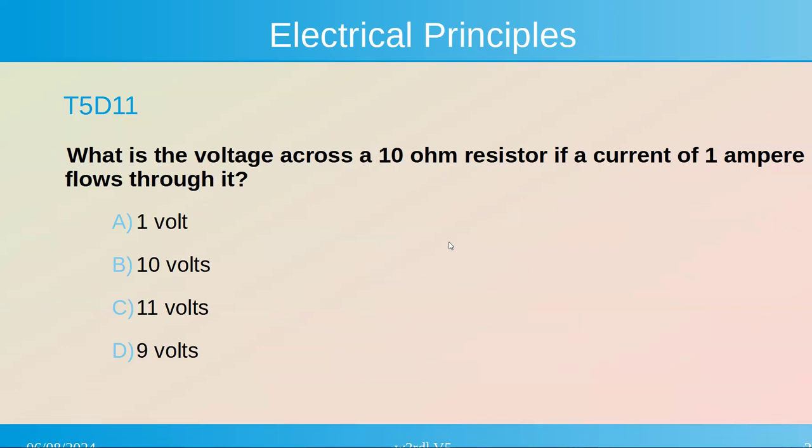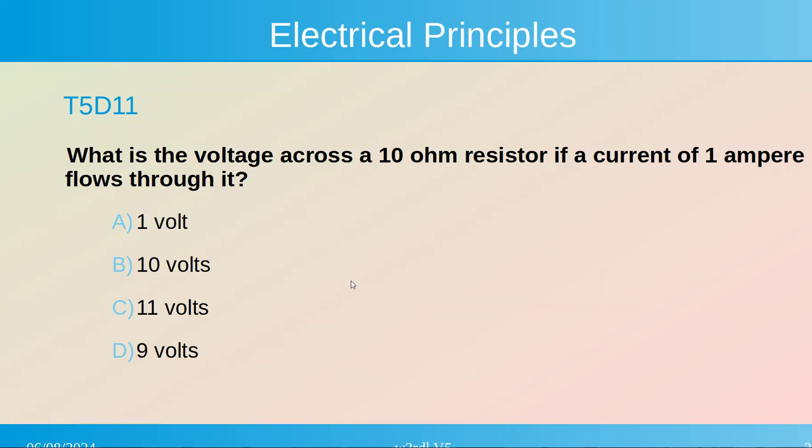Oh, I thought that was the end. 10 ohm resistor and 1 amp. This is a hard one. Need a calculator for this one. I'd have to guess that one.